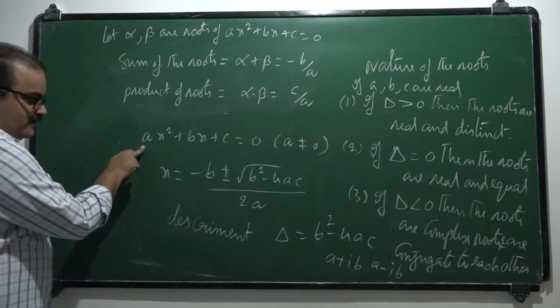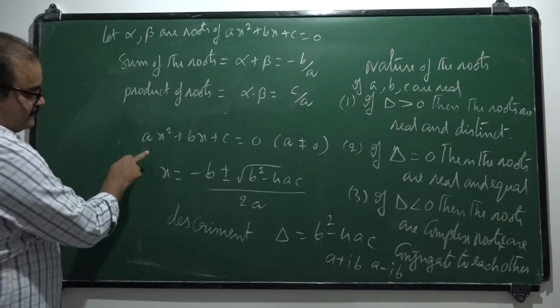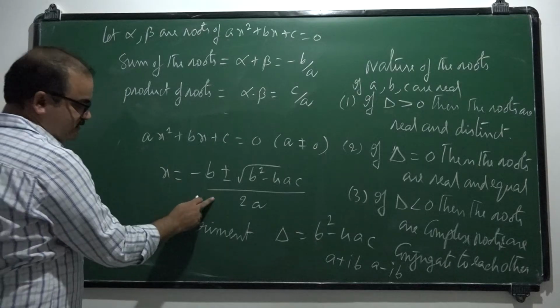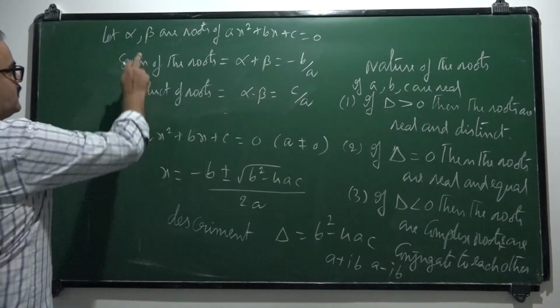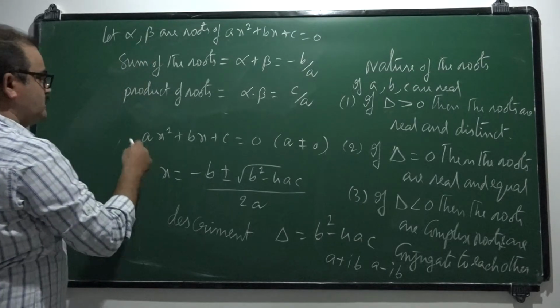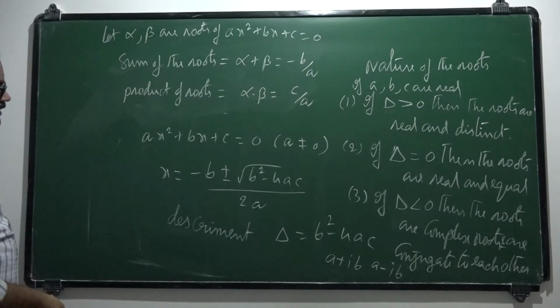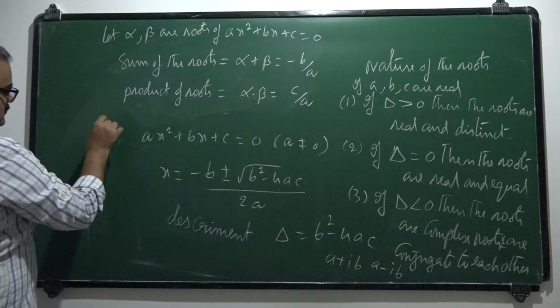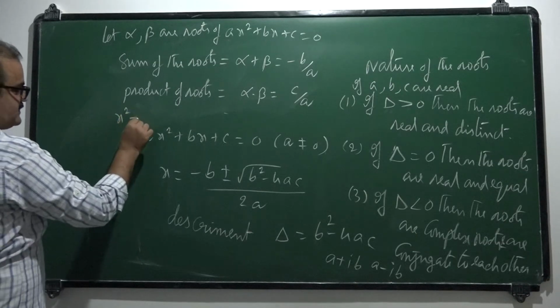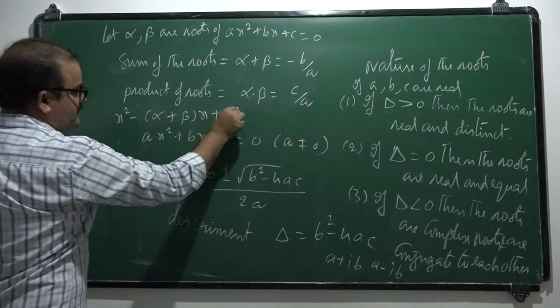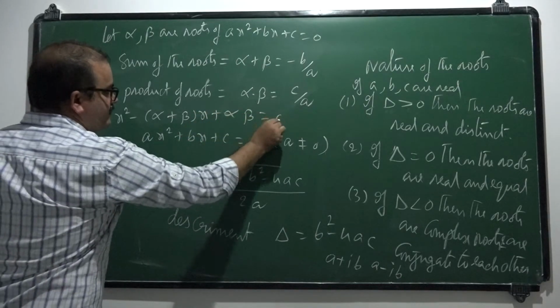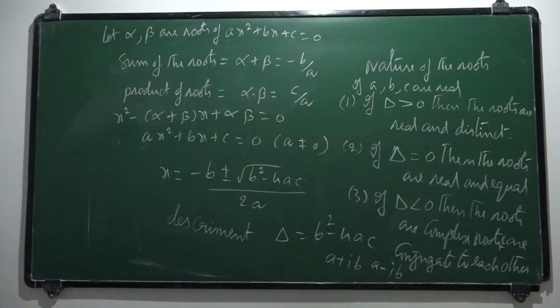If quadratic equation is given, then we find the roots by using this formula. If the roots are known, then we may get the quadratic equation also. Then that quadratic equation is x square minus of alpha plus beta into x plus alpha into beta is equal to 0.